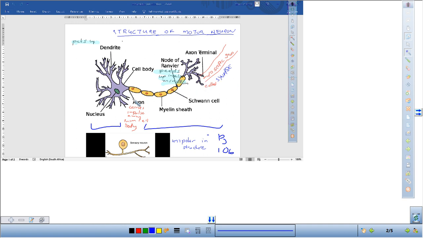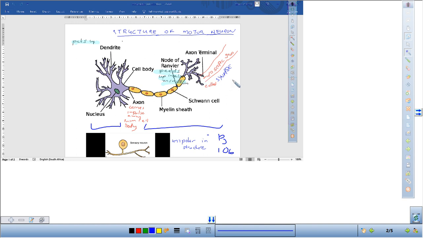Now, let's look at how the impulse will travel. The dendrites will stand upright. They will pick up the impulse. It will pass it from there onto the axon. Here it does not go from Schwann cell to Schwann cell. It will jump from Ranvier to Ranvier, over many Ranviers. That's why we say impulse transmission is fast by the node of Ranvier. So it's speeded up and goes to the end plates. Now it needs to go onto the dendrites of the next neuron.